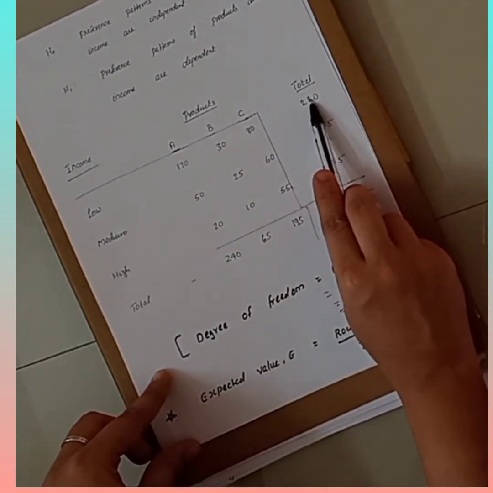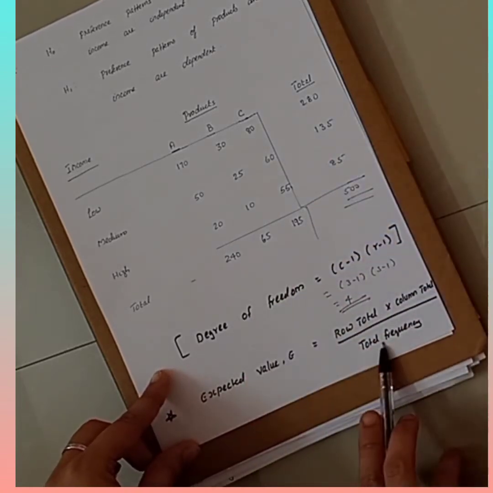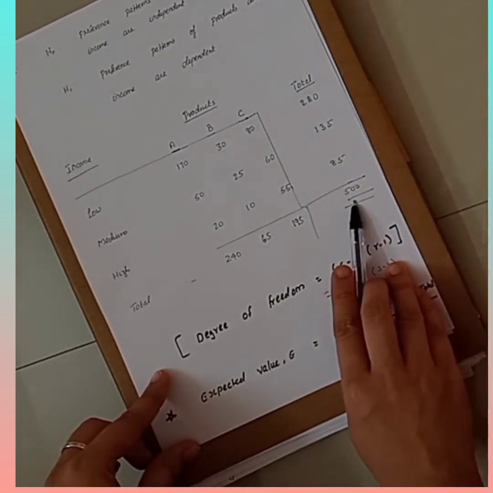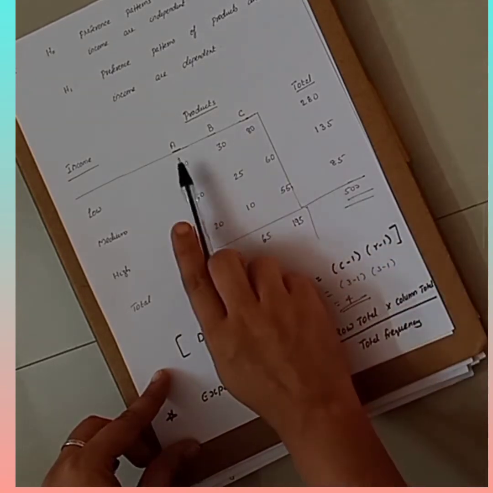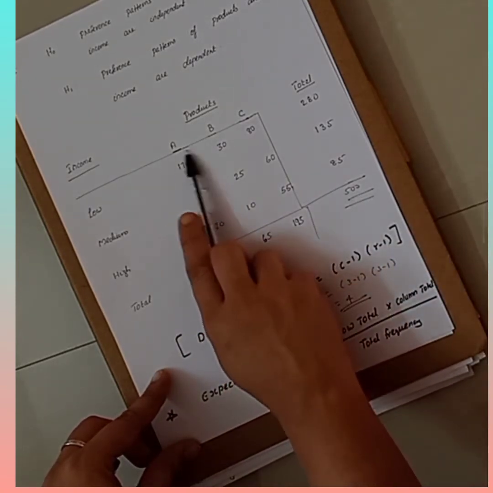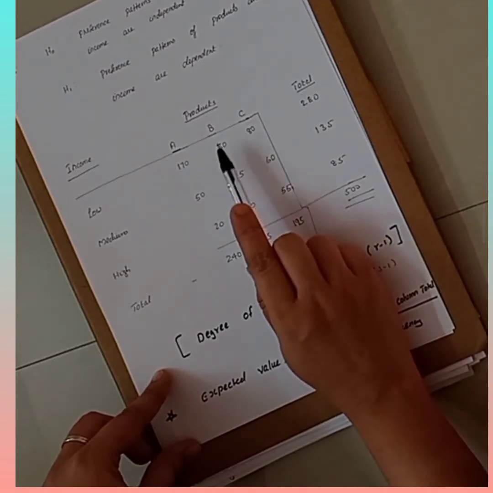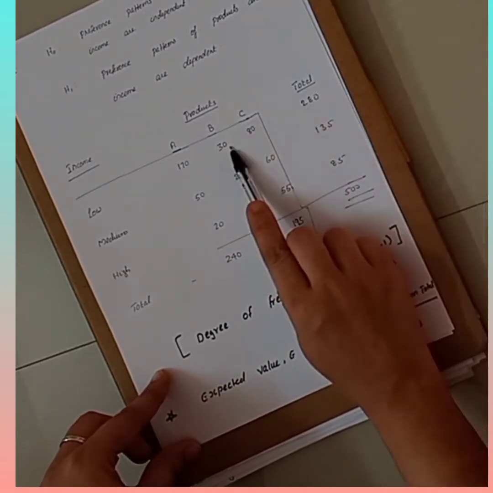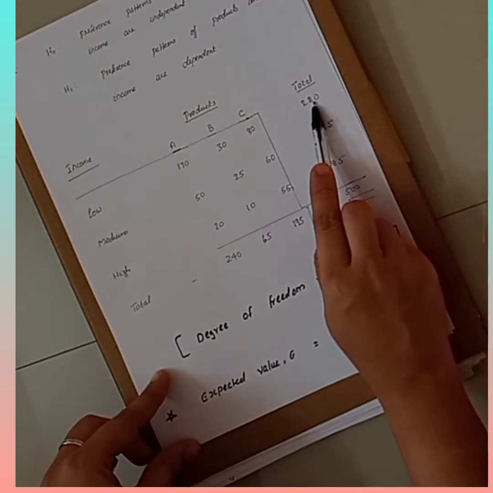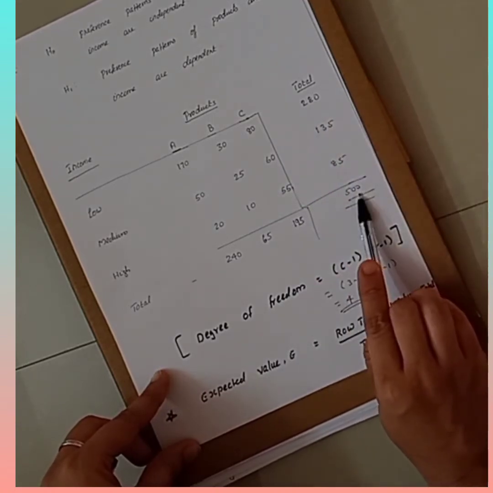So 280 into 240 divided by the total frequency, that is 500, will give you the expected frequency for the observed frequency 170. Is that clear? Again, for 30, the row total is 280 and the column total is 65. So 280 into 65 divided by 500.